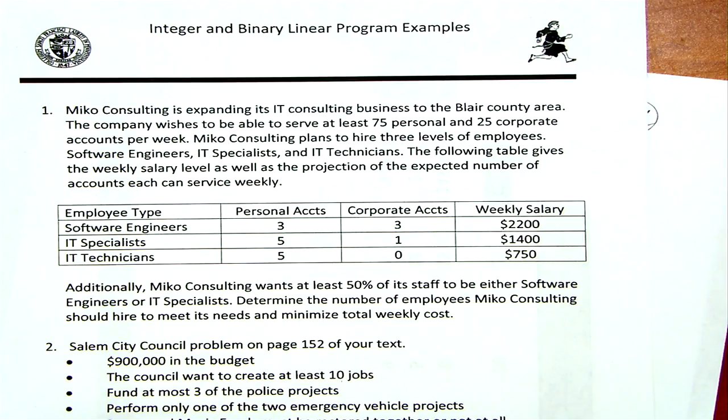It involves summation variables, which we just learned, and it has to be integer because we can't hire 1.6 software engineers. We either hire 12 or we hire 13. We can't hire 12.25. Okay? So the decision variables are integer. So let's take a few minutes to try to jot it down.